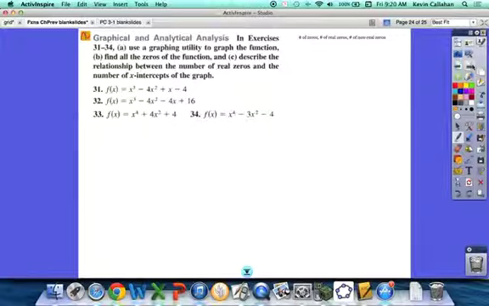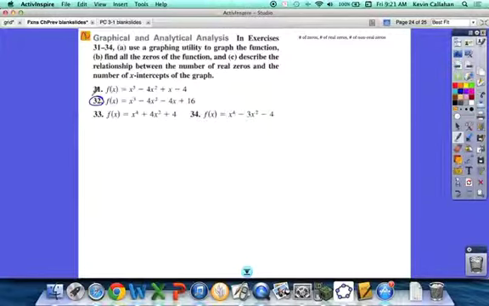So let's take, for example, number 32. How many total zeros does this have? How do you know that? The highest power of x, the degree. The fundamental theorem of algebra says that whatever the degree is, that's how many complex solutions you've got.